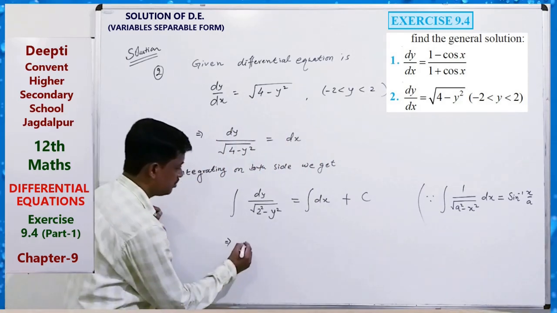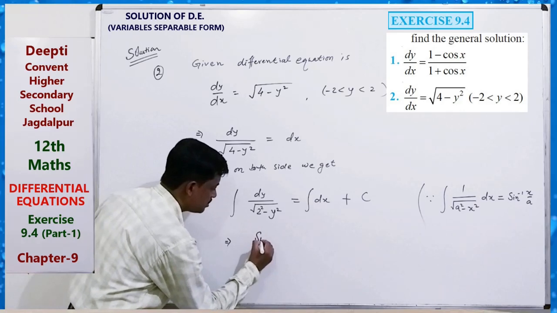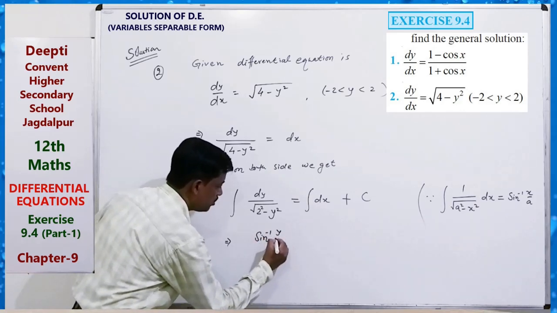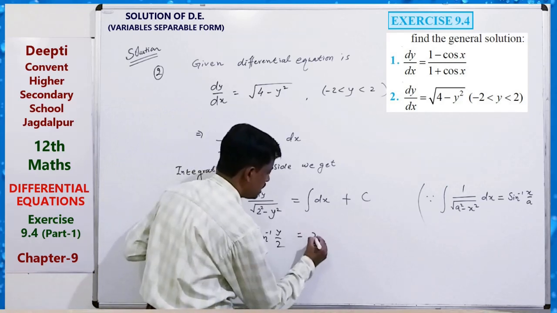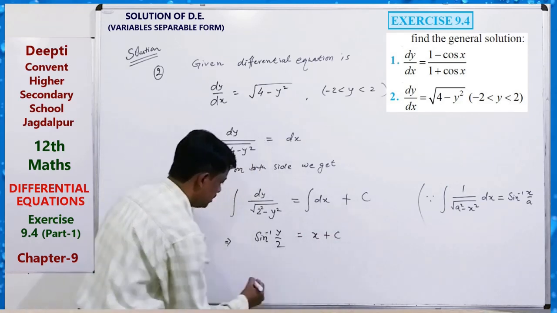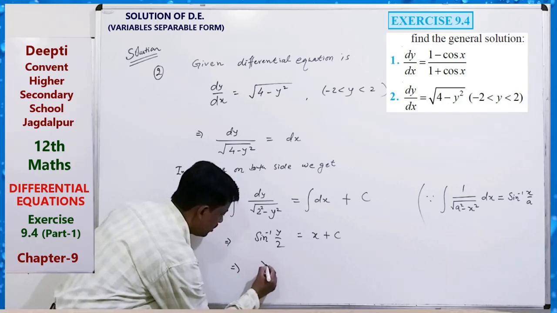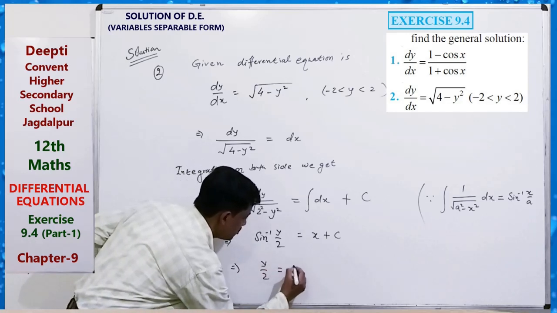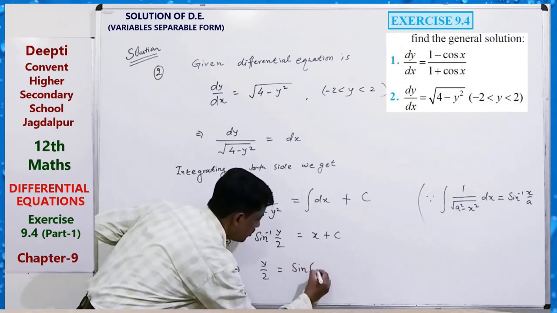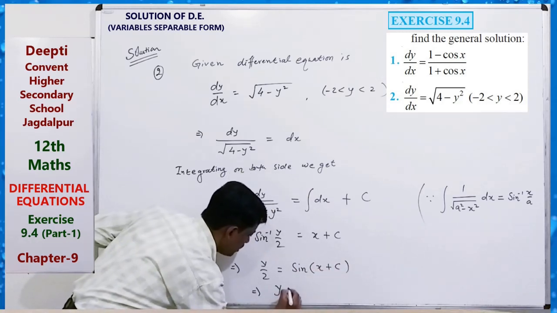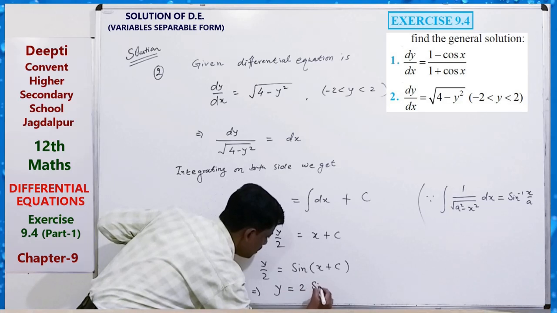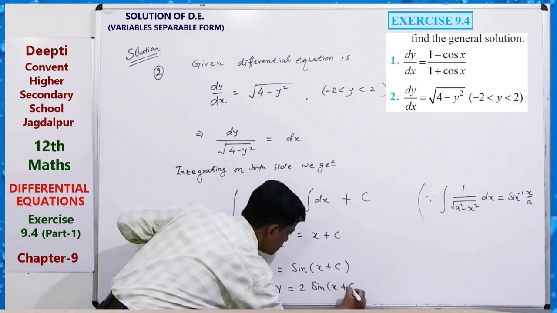Using this formula, we can write here sin inverse y upon 2 equals x plus c. So you can write y by 2 equals sine of x plus c, which implies y equals 2 sine of x plus c.